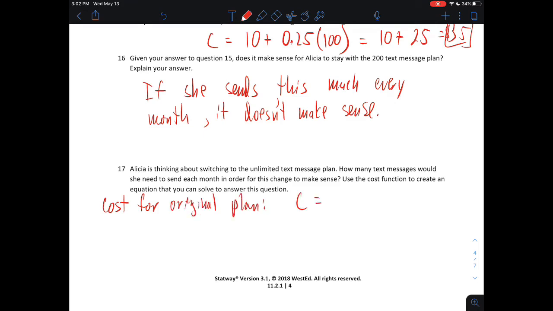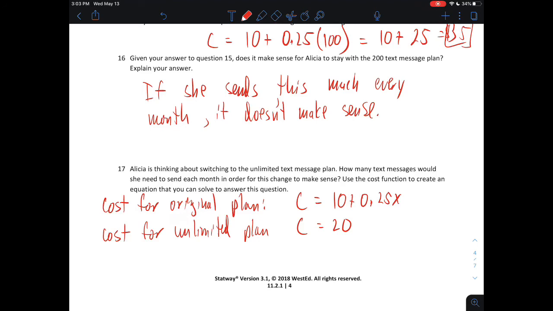That was C is equal to 10 plus 0.25x. And then what's the cost for the unlimited plan? That's just $20. C is equal to 20. So how would we know when it makes sense for her to change? This is the same idea as we saw as breaking even.